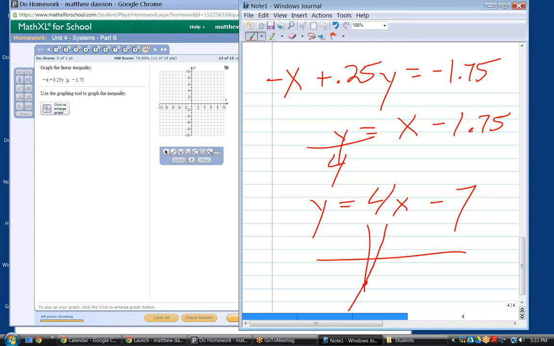Okay? Now, if we go back to the original problem, this is an inequality, not an equation. So I need to be able to shade one side or the other of that line. In other words, what I really have here is y is greater than or equal to this.